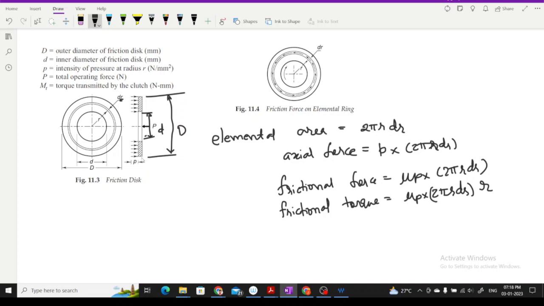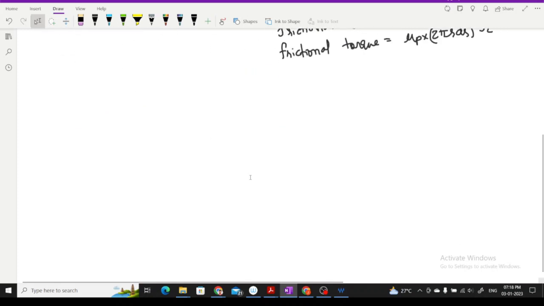So we have considered the frictional force and torque for this element only, for now. In order to get the total force and total frictional torque, we need to integrate over this area. So let us integrate to get the total force P.